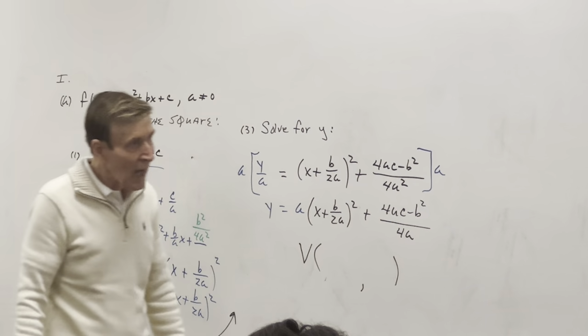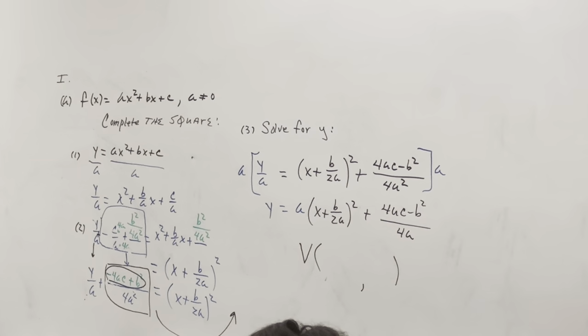Tell the class what, because I noticed over here, it was x plus 4, and I think we ended up with a vertex with a negative 4. Didn't we? Is that true, guys, or not?